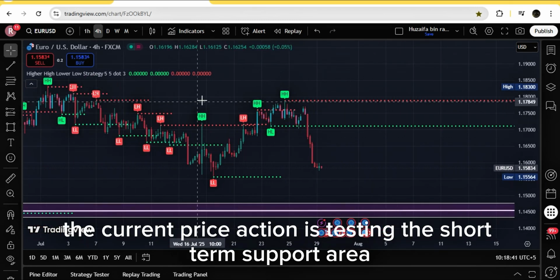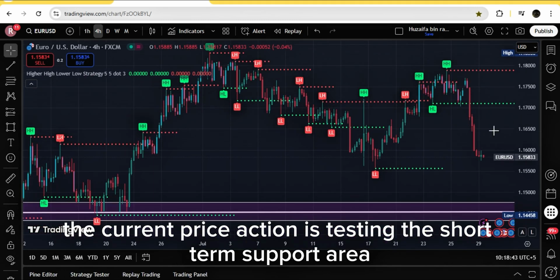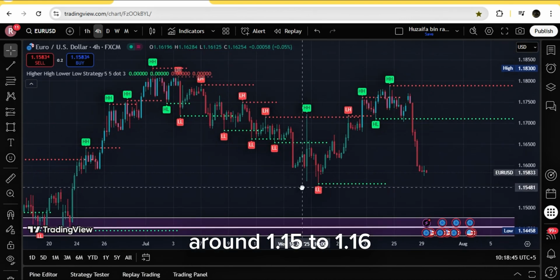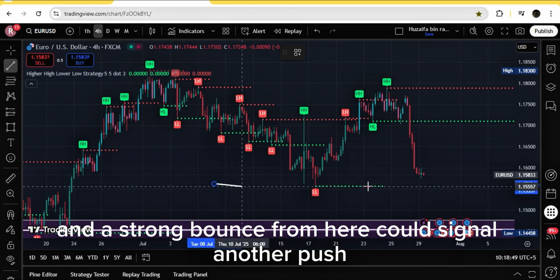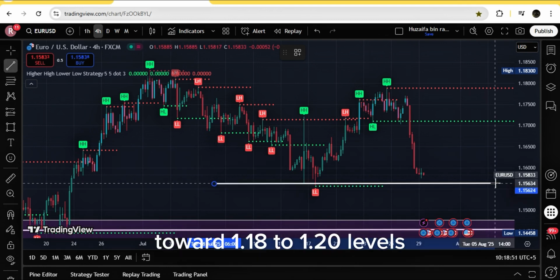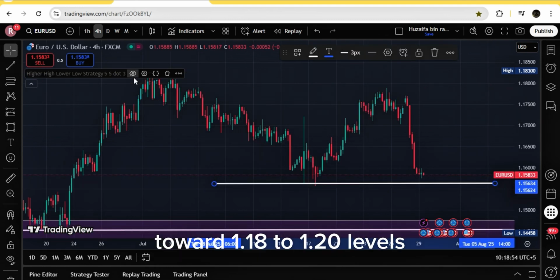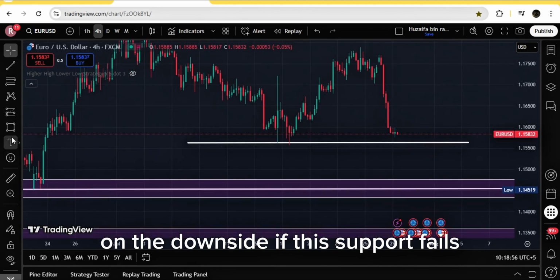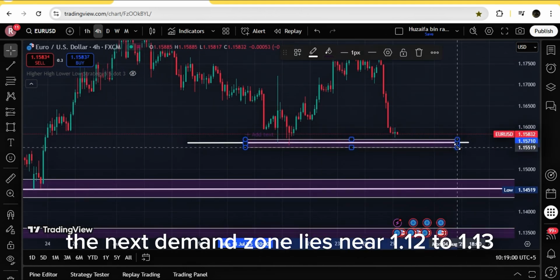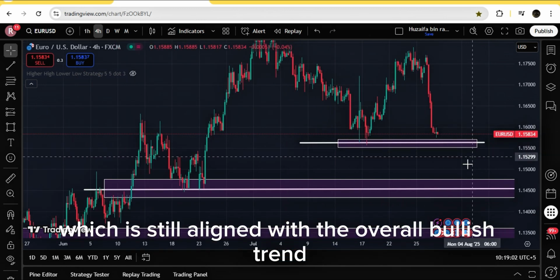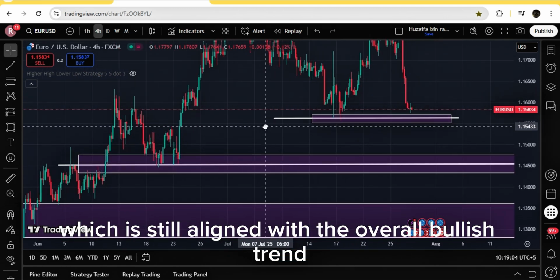However, the current price action is testing the short-term support area around 1.15 to 1.16, and a strong bounce from here could signal another push toward 1.18 to 1.20 levels. On the downside, if this support fails, the next demand zone lies near 1.12 to 1.13, which is still aligned with the overall bullish trend.